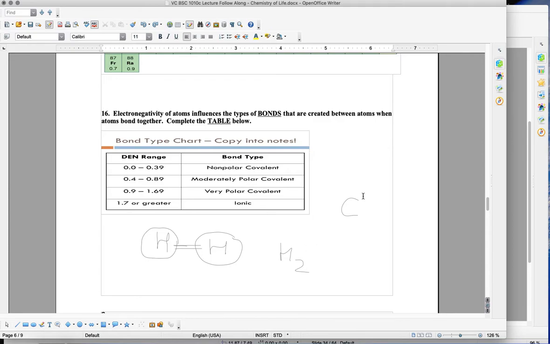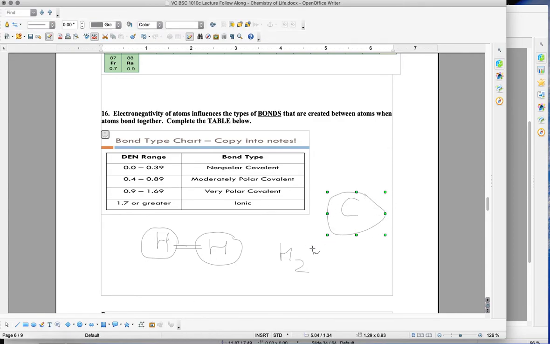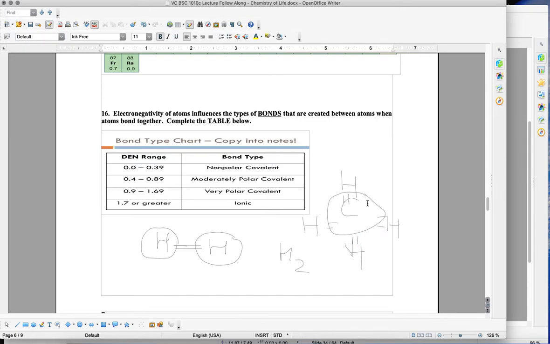Oh, that's why, because I did a circle. I did the wrong line. Okay, so C, and then carbon is going to want to form bonds. All right, hopefully you guys can understand what I'm drawing there because that did not work very well.